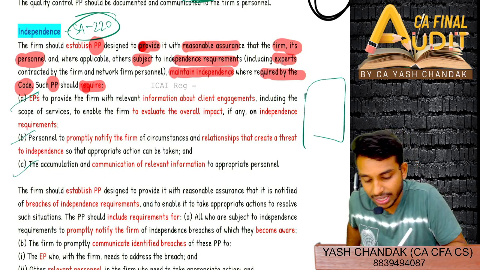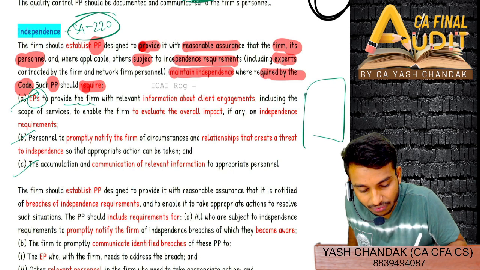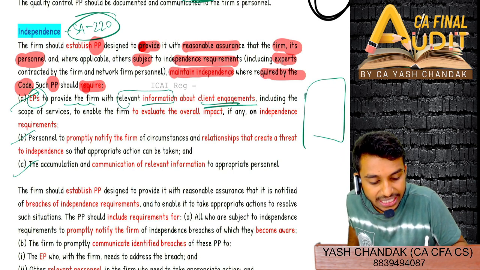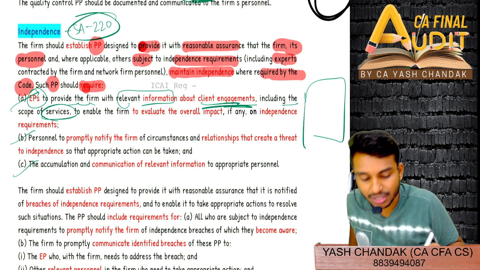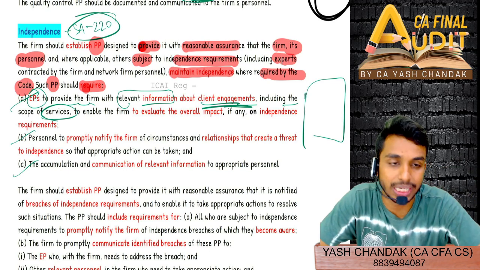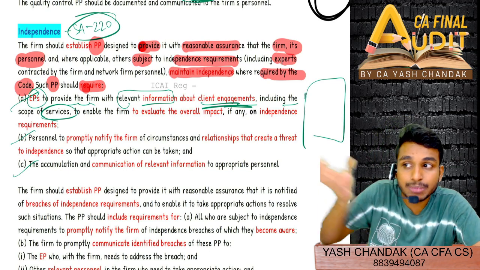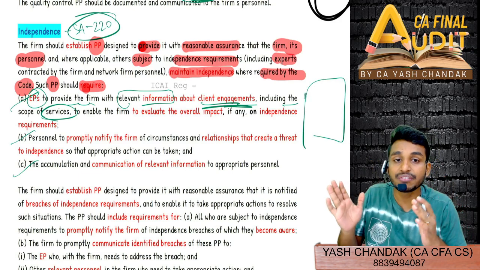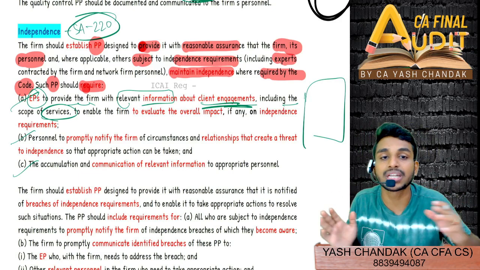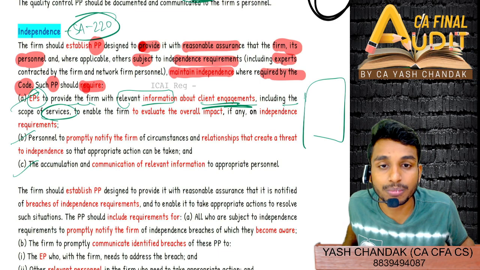What 3 points? First, the engagement partner will provide the firm with relevant information about the client engagement, including the scope of services that we are going to provide to the client. By evaluating that, we will then communicate back whether we are independent from the client or not.